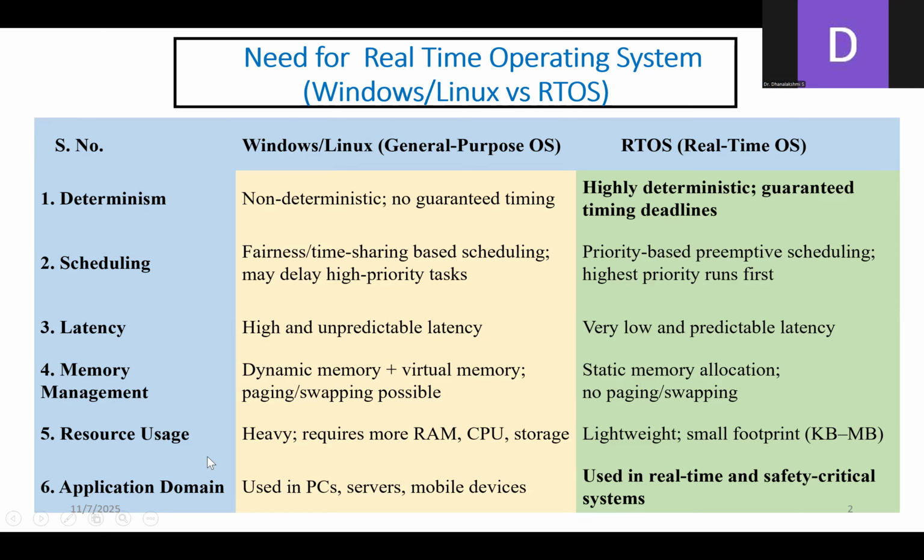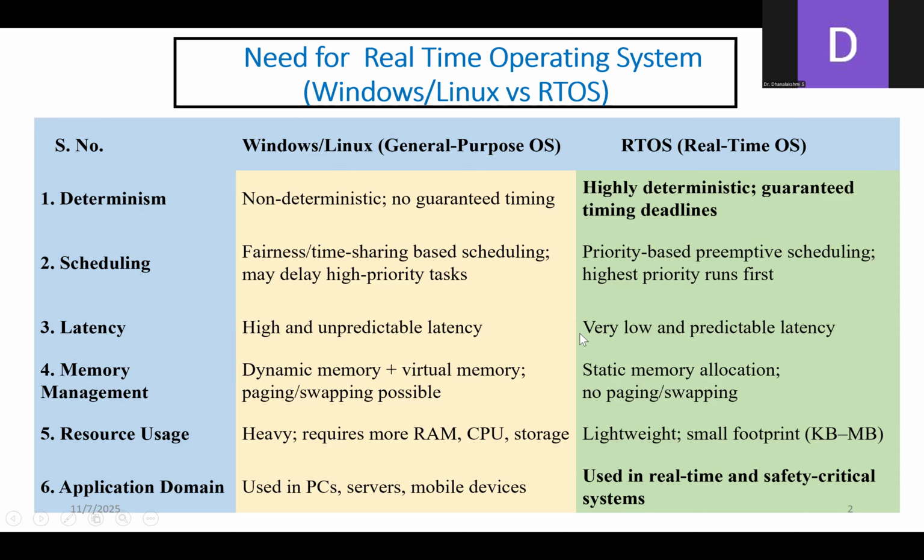Coming to resource usage, general purpose OS are very heavy. They require more RAM and CPU storage. Whereas RTOS are lightweight and have a small footprint in the range of KB to MB. Coming to applications, general purpose OS are used in PCs, servers, and mobile devices, whereas RTOS is used in real-time and safety-critical systems.